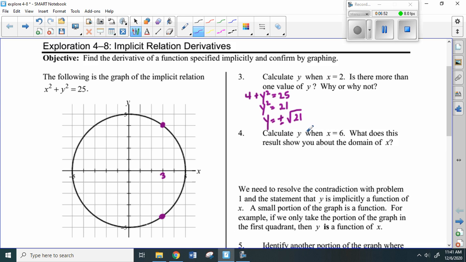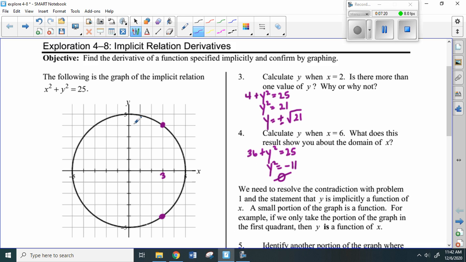And then it says calculate y when x equals 6. So we're just going to do it again. So 6 squared is 36. All right. Oh, this time we get negative 11. And in this class, please understand that we only work with real number values, not imaginary. So we just say that has no solution. And so what does this result show you about the domain of x?